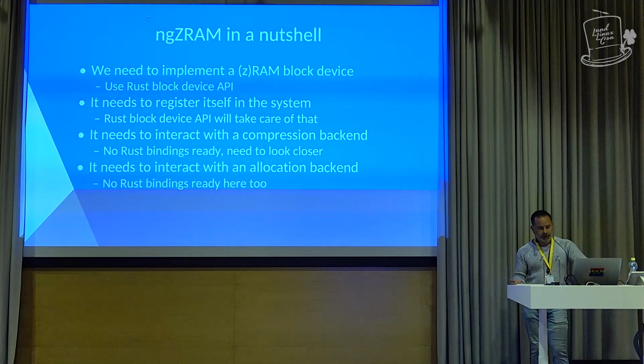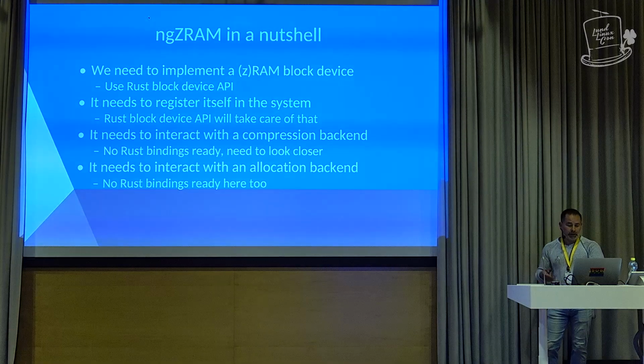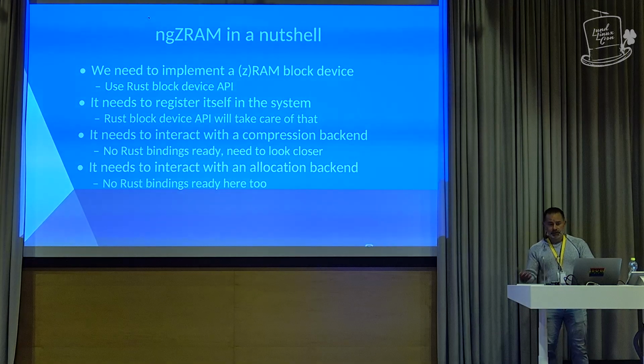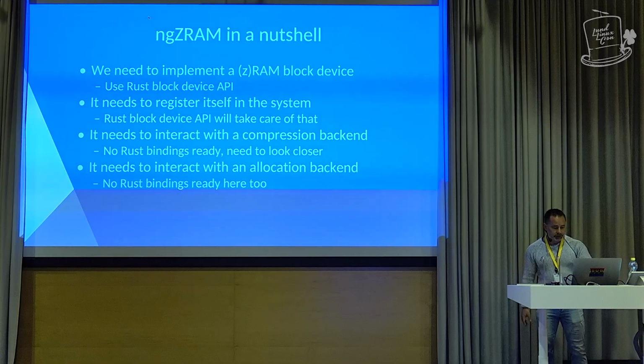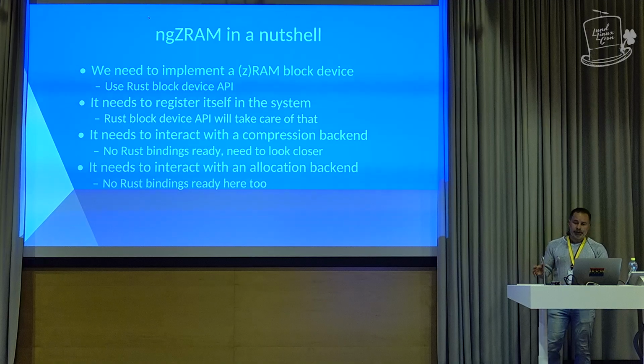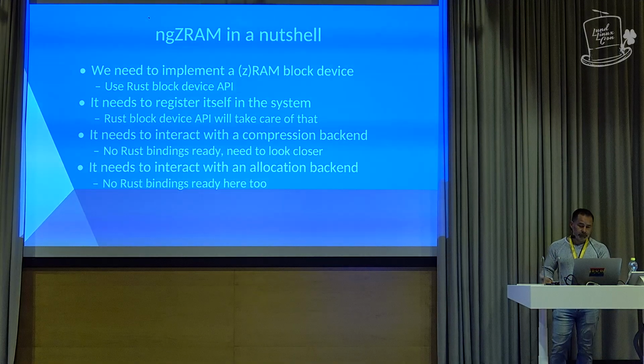So it needs to register itself in the system via that interface, and it needs to interact with a compression backend and with an allocation backend, because this whole block device thing acts as a front end to the compressor and to the allocator. And here's where we can have some issues, really, even by looking at this, because there are no bindings ready either for the compression backend or for the allocation backend.